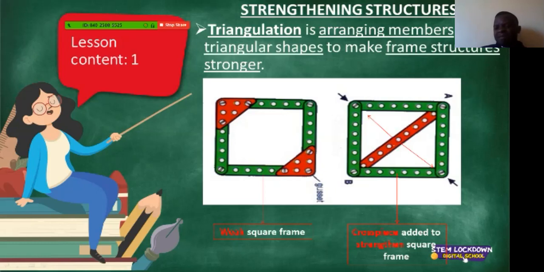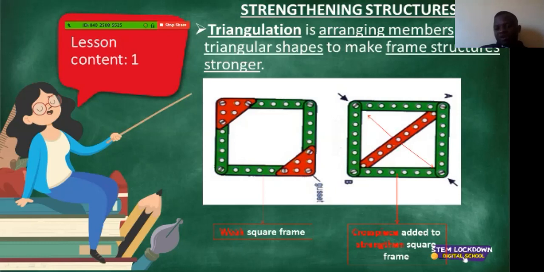However, if you add a member, as has been done here, a member being what we call a cross piece, and you try to compress this square frame, you will find that this member will introduce an almost opposite force so that it stops it from being squashed altogether.